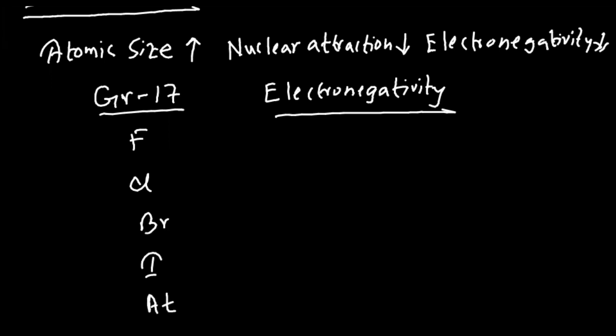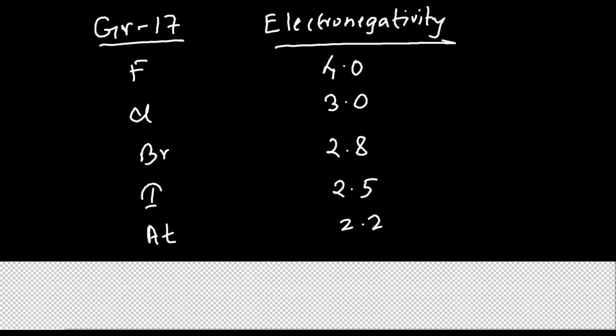If we look at their electronegativity values, you will see that the values go on decreasing. So there is a steady decrease in the value of electronegativity as we move down the group. The reason I have just discussed. Electronegativity is a very important property in chemistry.